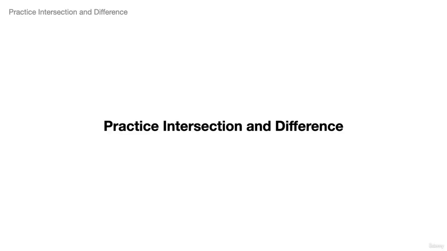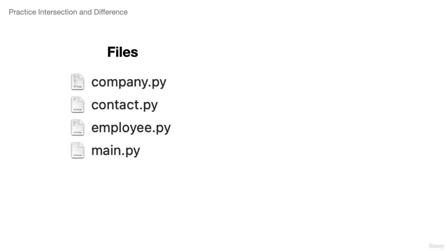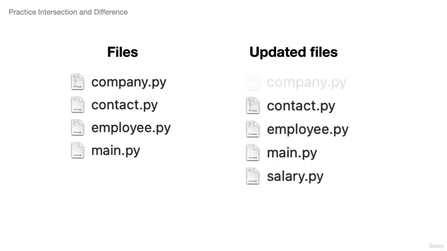It's time to practice. In the following exercise, you are going to combine intersection and difference. Let's return to the example of the file manager. Look at the first list. It contains 4 files. An update comes in with a new list.